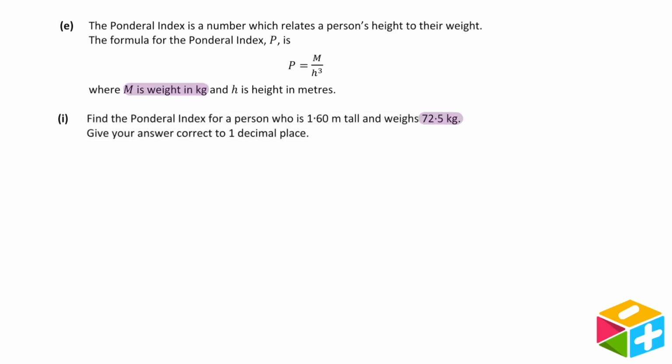In our formula, m represents the weight. We are told that our weight is 72.5 kg. So here, m is equal to 72.5. In our formula, h represents the height. We are told that our height is 1.60 meters. So h is equal to 1.60.